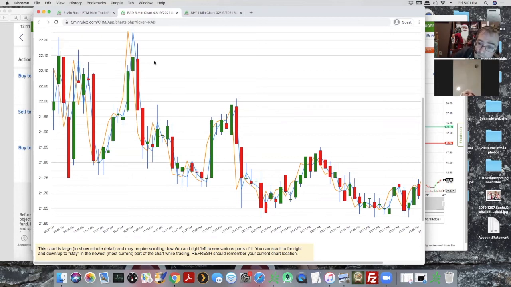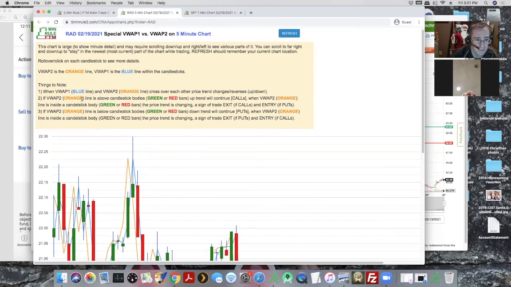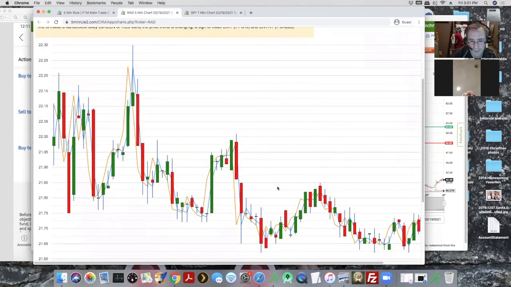You don't need that yellow line and that blue line, they're useless. Those are the VWAP, because he likes to trade on VWAP, the volume weighted average price, looking for triggers based on that. But there are no triggers there, it's just noise.